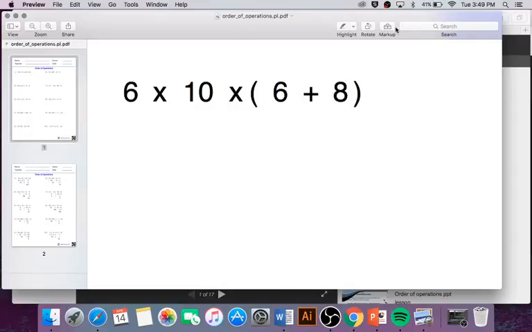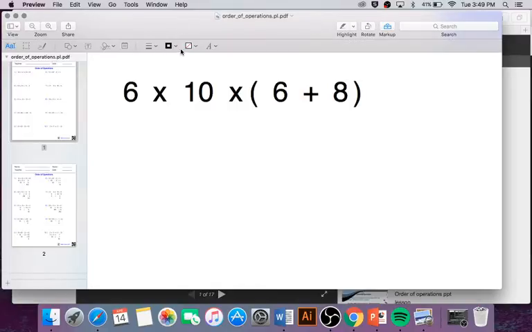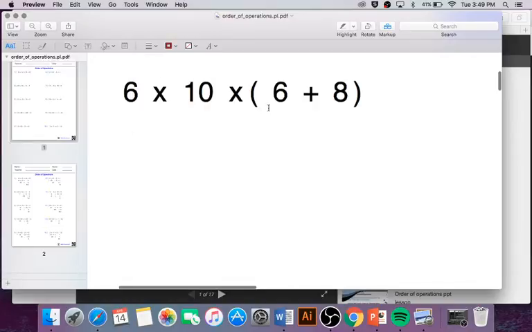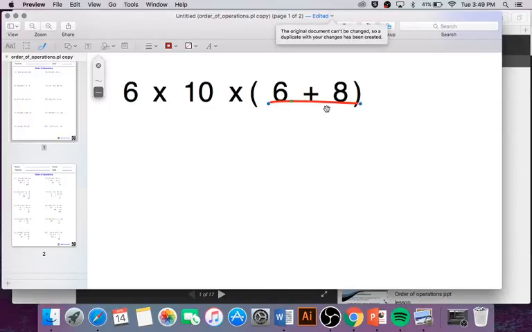So the first thing we're going to want to do is solve what's in the parentheses. And we're going to bring down the rest.